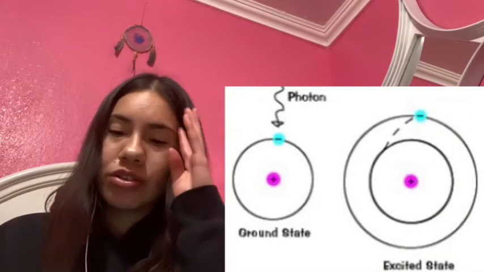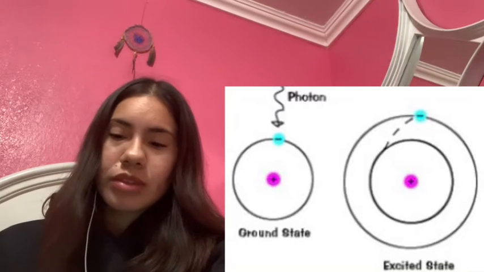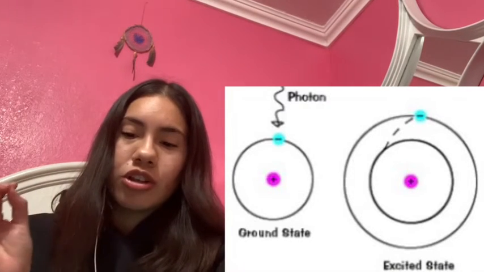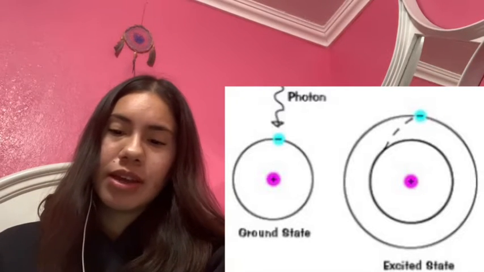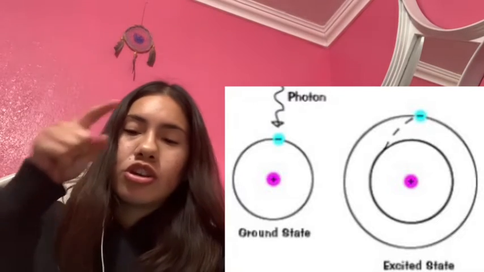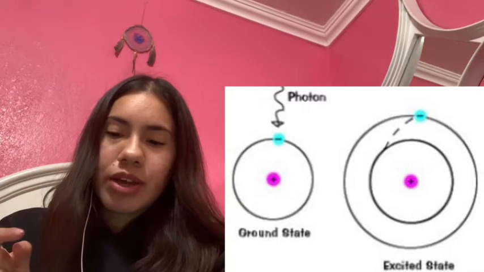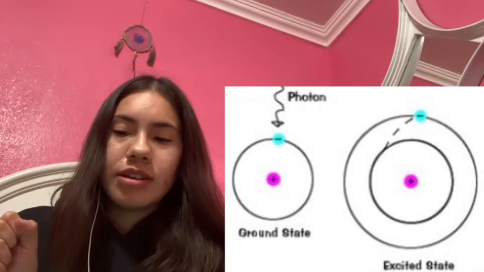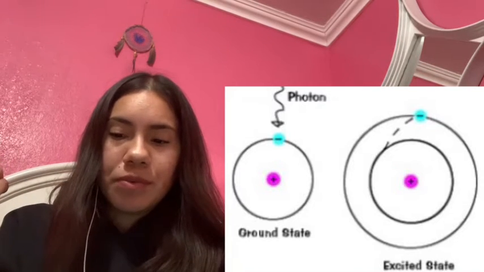So I provided 2 images, and in the one with the little colored dots, purple and blue, we see the ground state, which is just the nucleus and just 1 orbital with 1 electron. And we see how it gets excited and the electron moves to a higher energy level.